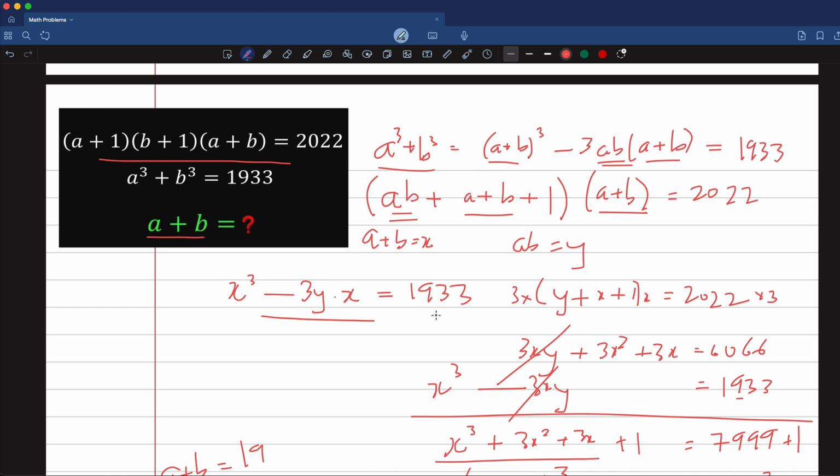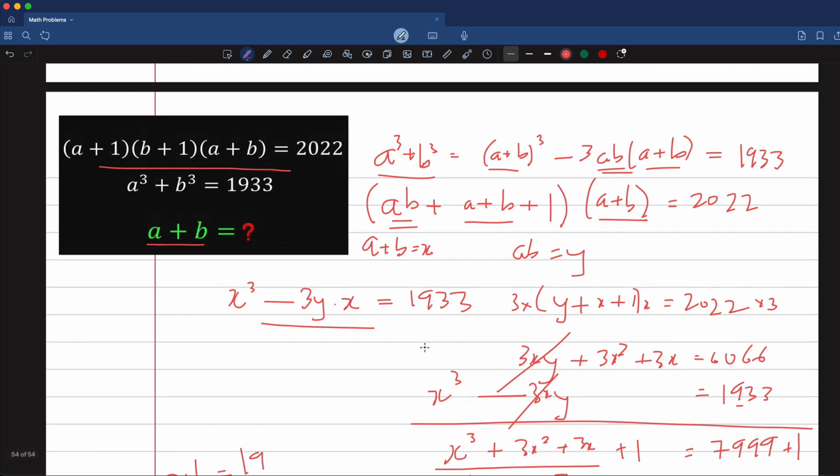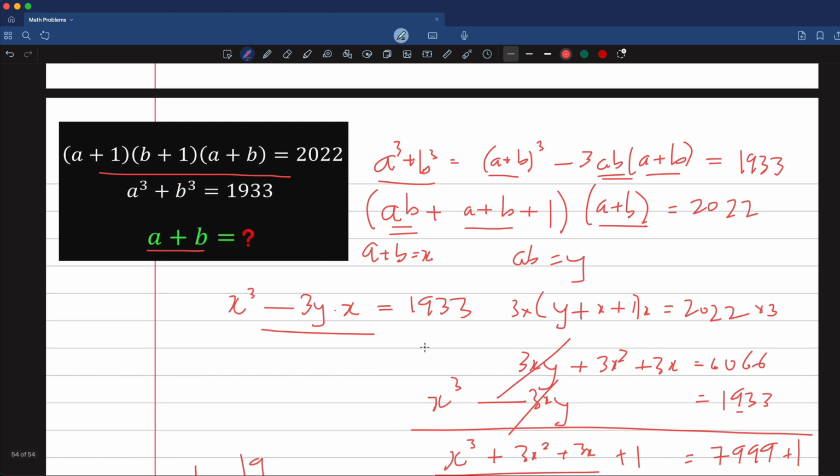So x, which is equal to a plus b, is what you're trying to solve for. Replacing patterns with other variables is one of the key algebraic manipulation techniques that you'll have to learn to solve higher-level algebra and reduce the complexity of problems to eventually get to the answer, without having to break your head into 1,000 pieces trying to solve what a and b are. But get to the answer, because that's exactly what the problem is all about.